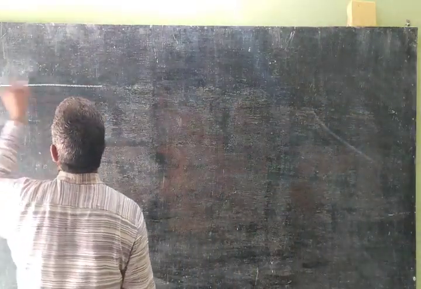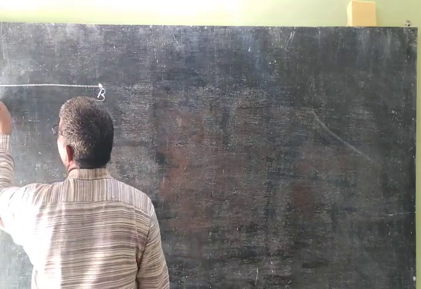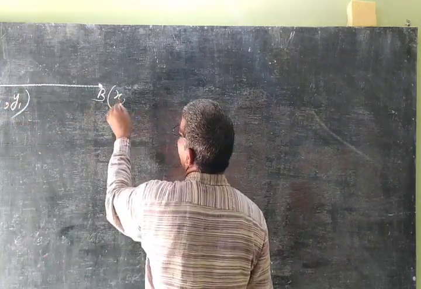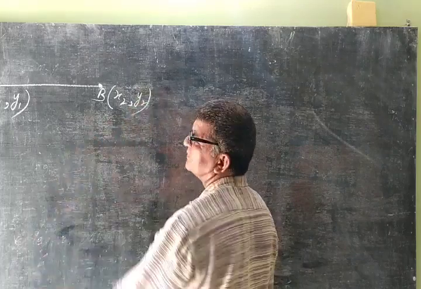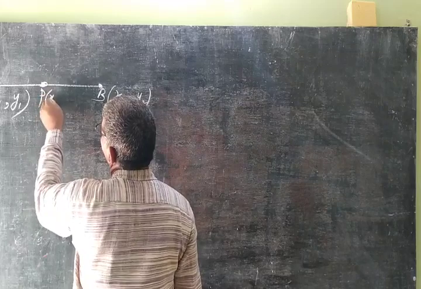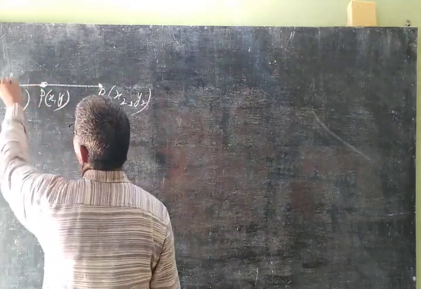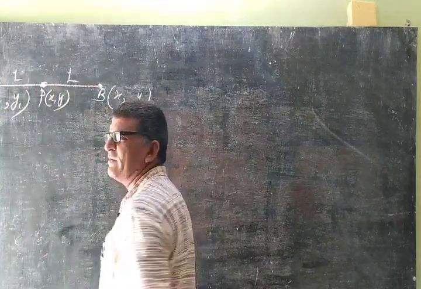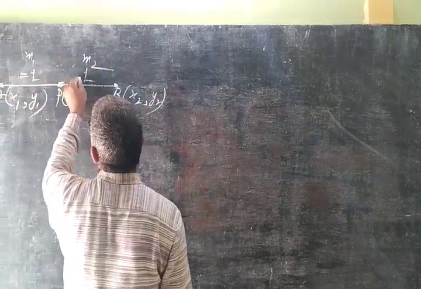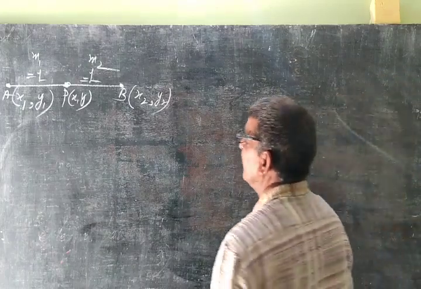These are 2 points A and B. Coordinate of A is (x1, y1), and coordinate of B is (x2, y2). Now, if this is midpoint P and coordinate is (x, y) of P, then the ratio is 1:1. Or we can say that m1 and m2 are both 1. Why? Because this is the midpoint, that is why.